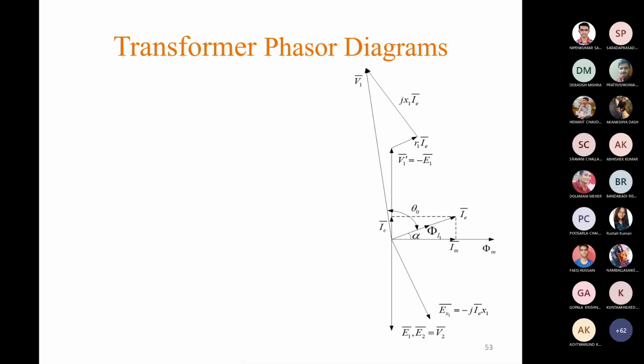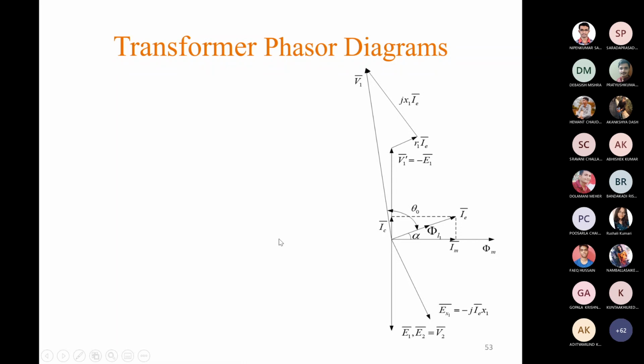So the assumption that the magnetization characteristic of the single phase transformer is linear will remain the same, but the other imperfections in a practical transformer we will introduce one by one.